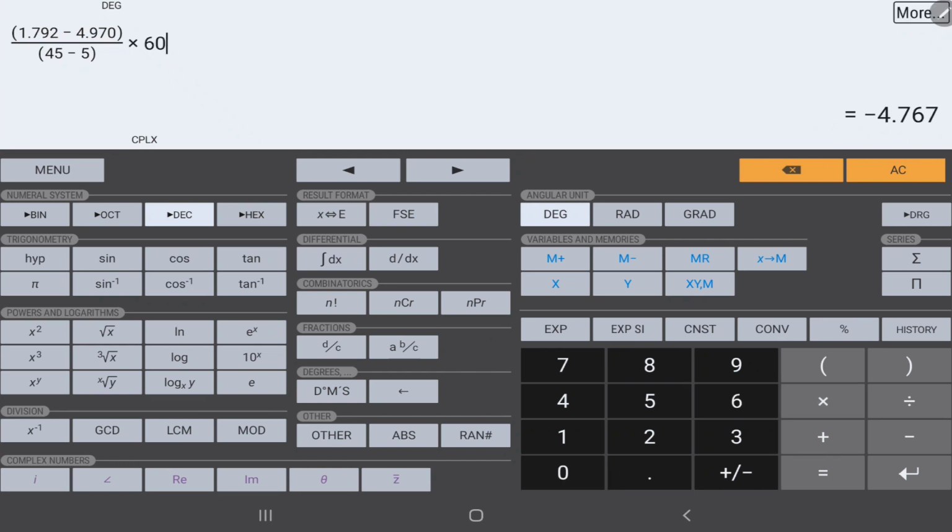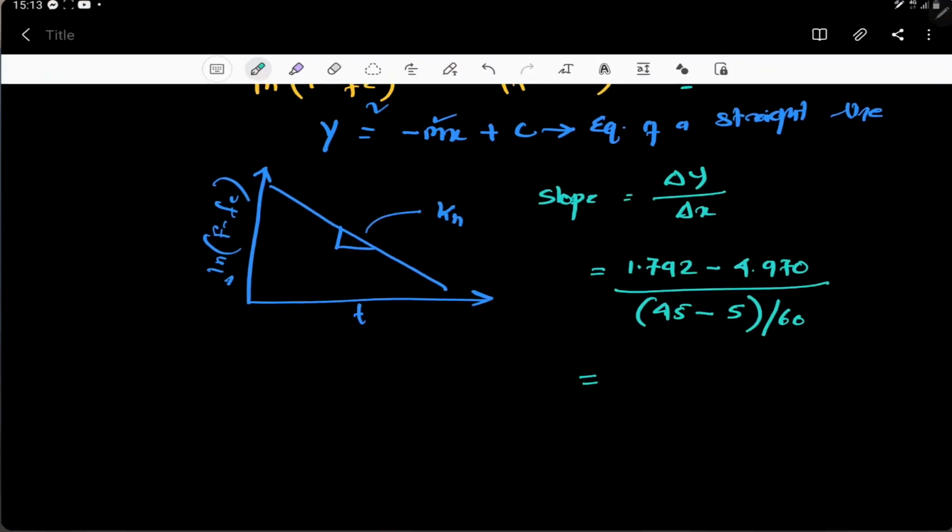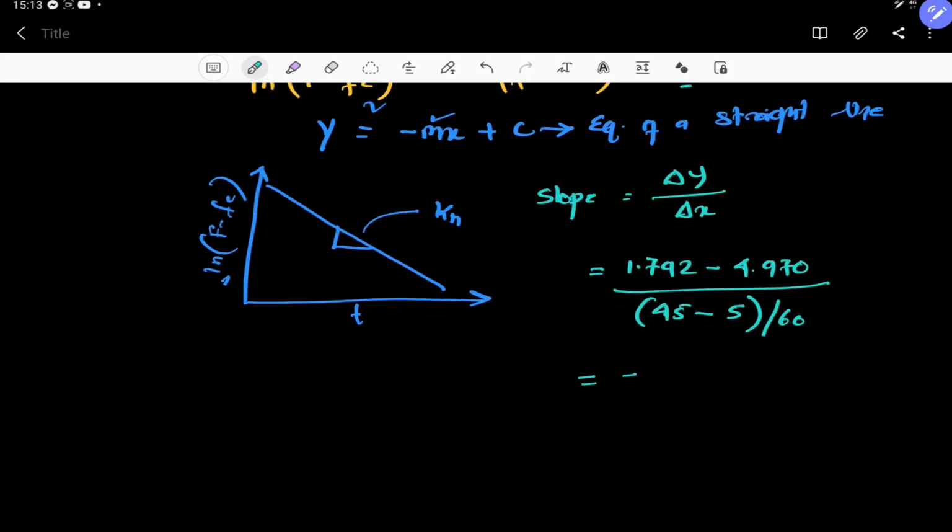So it's going to be minus 4.767. So we got our value, that is, the slope is minus 4.767. So we have solved the problem now.